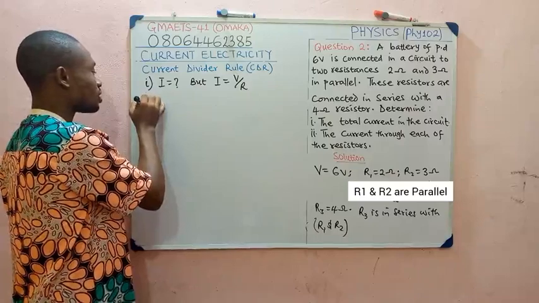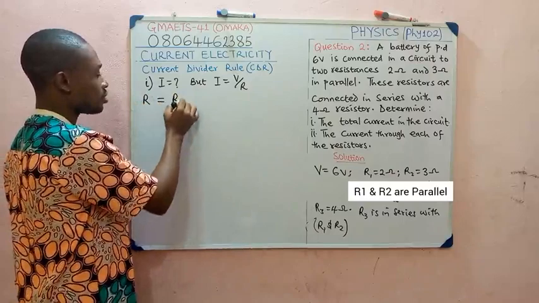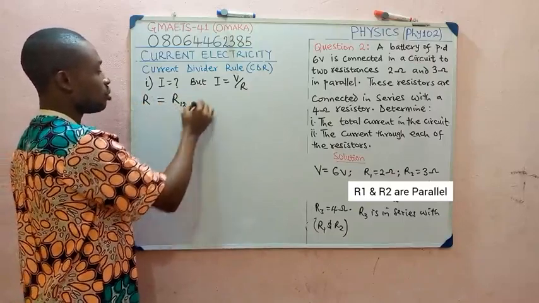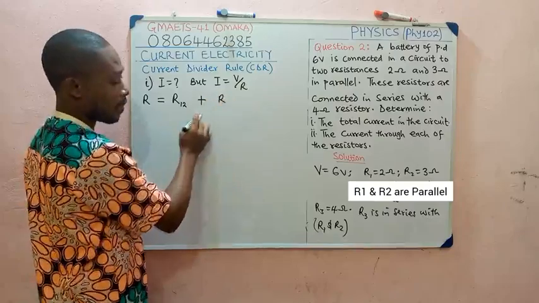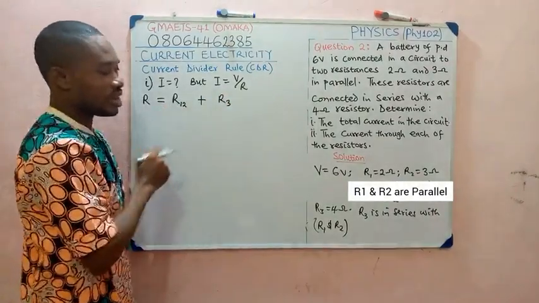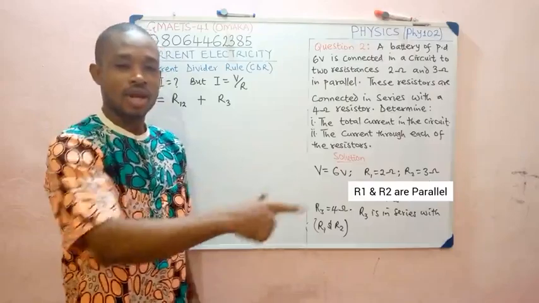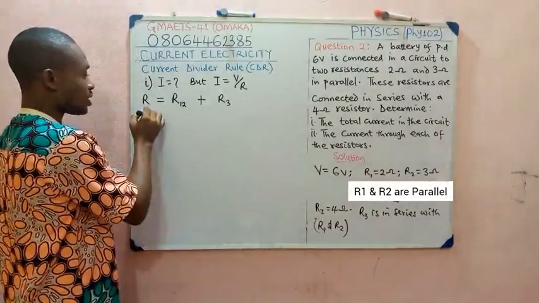To get the total resistance, it is going to be R12 plus R3. Is that okay? R12 will now be the parallel resultant resistance of R1 and R2.